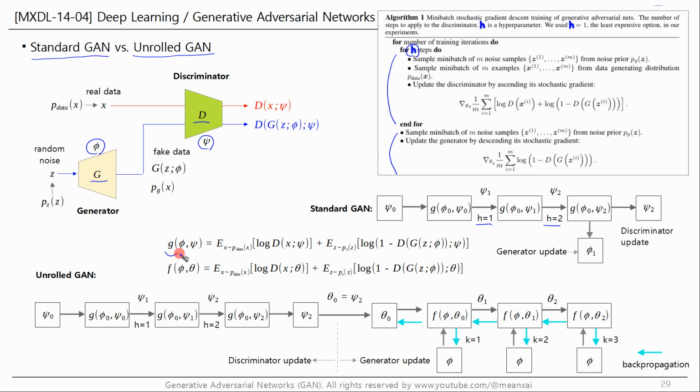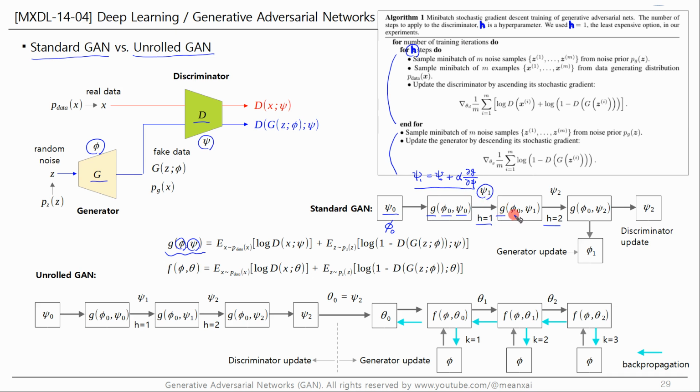Let the loss function of a standard GAN be g, a function of phi and psi. The initial parameter of the generator is phi0, and the initial parameter of the discriminator is psi0. Compute the loss g with phi0 and psi0 and update psi using gradient ascent. Then the discriminator parameter becomes psi1.